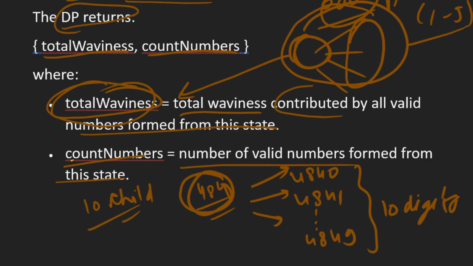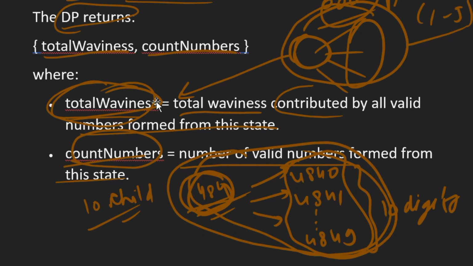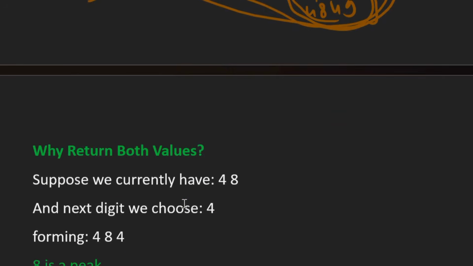This count numbers will store the number of valid numbers that we can form from our current state. And the total waveness is basically the waveness of all these numbers, that is our parent number and all the child numbers that we can form.